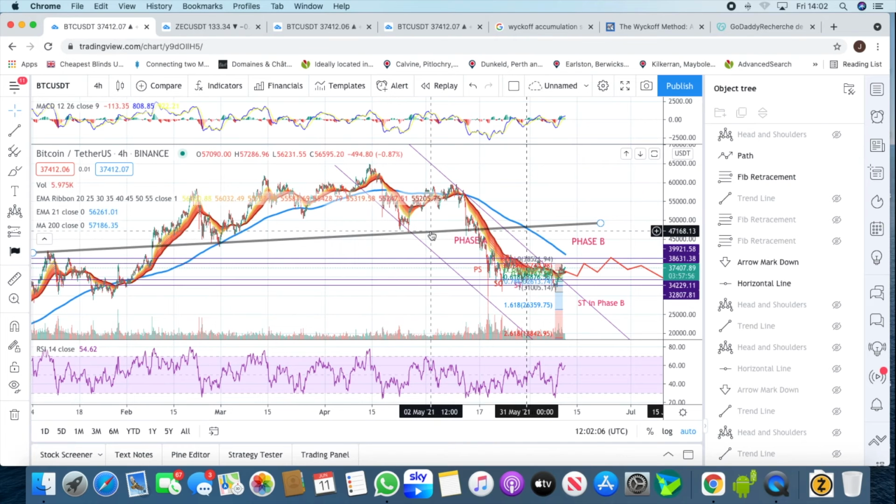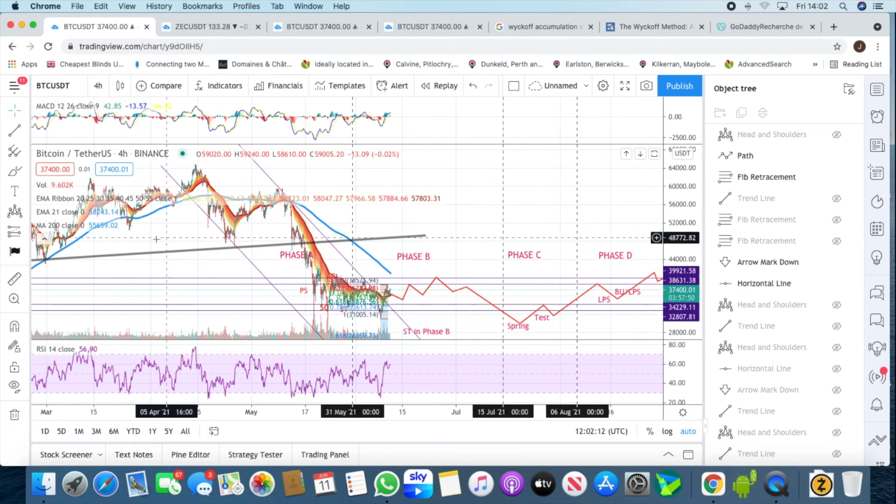So we've got February, March, April, 3 and a bit months, 3 months of distribution at the top, and a big sell-off. And then do we really believe that 3 months of distribution will be resolved by 1 month, not even, but let's say 1 month of accumulation?